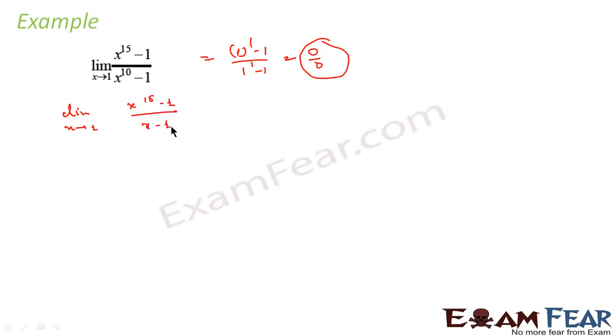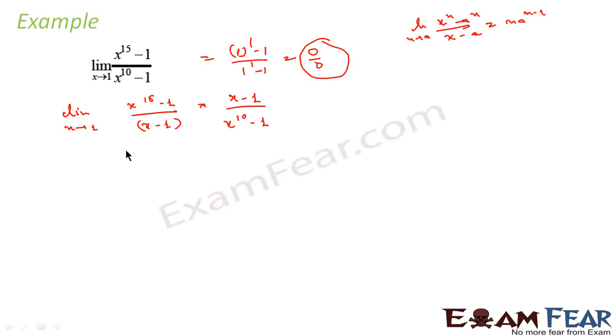We'll multiply and divide by x minus 1. I'll tell you why we are doing it. Because just now we have learned that limit of x to the power n minus a to the power n by x minus a is equal to n a to the power n minus 1, where x tends to a. So here if you see, a is nothing but 1. So we have this formula, we know the value of this thing.